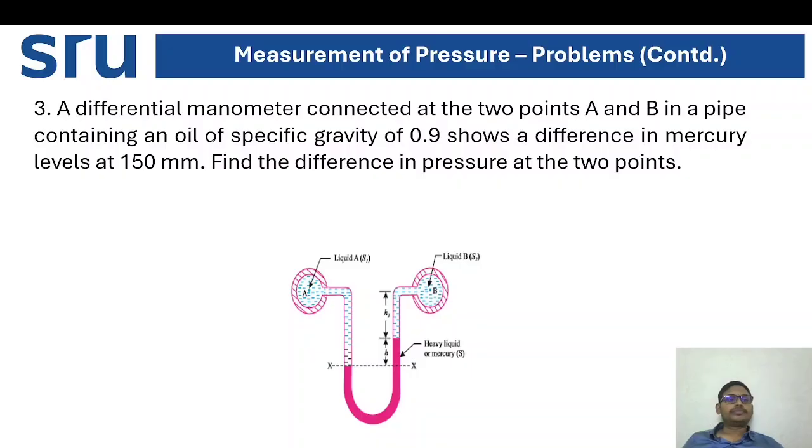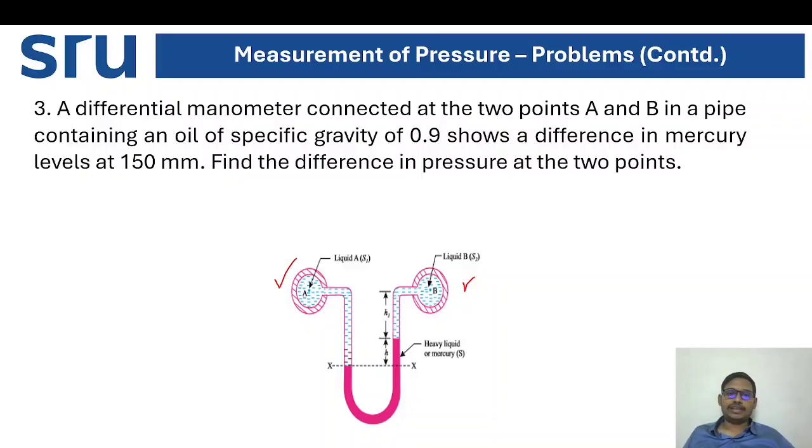Next problem. Now they have given two scenarios. A differential manometer connected at the points A and B in a pipe containing an oil of specific gravity 0.9 shows a difference in mercury levels of 150 mm. Find the difference in pressure at the 2 points.